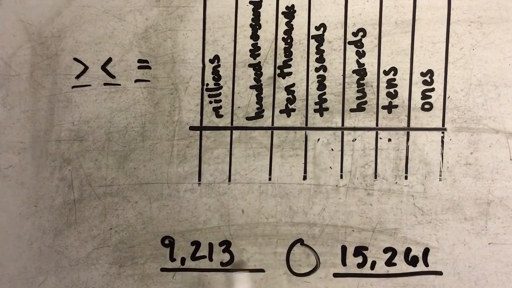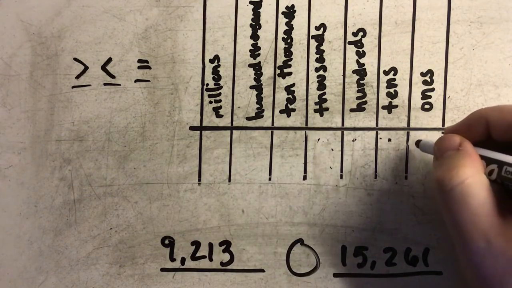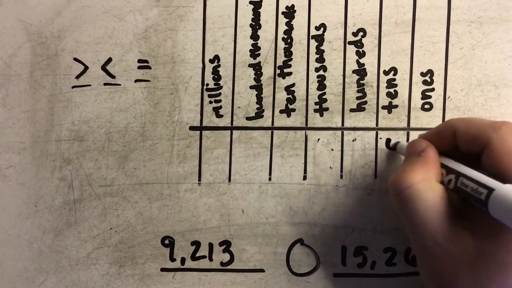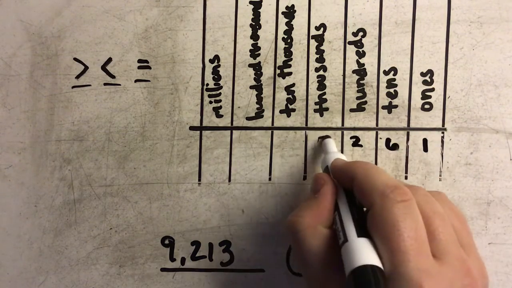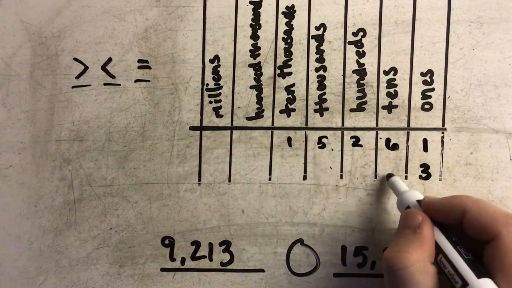And again, when I'm comparing these two numbers, I want to plug them into my place value chart, or at least just line them up based on their place value so that I know that I'm looking at each number in its correct place.